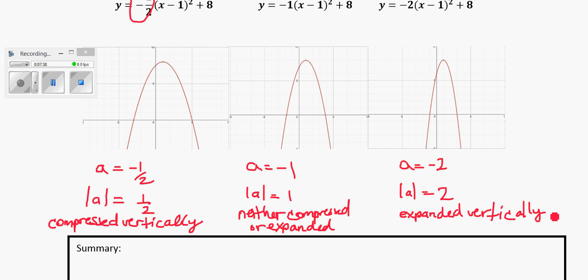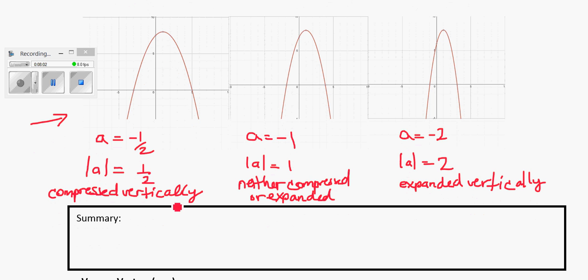And the way that I like to visualize this is that expanded vertically is like it's just being pulled down. So it's getting skinnier versus the first graph here where a is equal to negative 1/2. It's compressed because it's like the bottom is just being pushed up. So it's thicker.